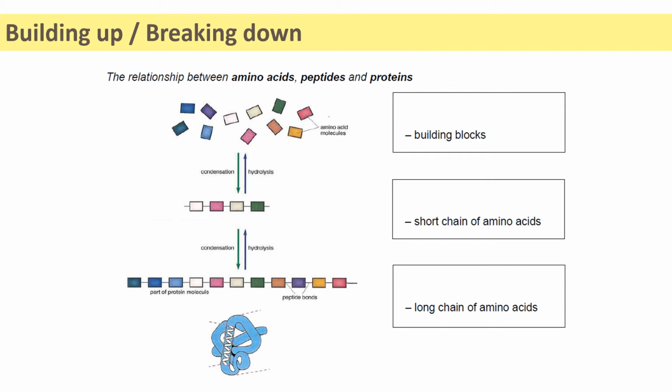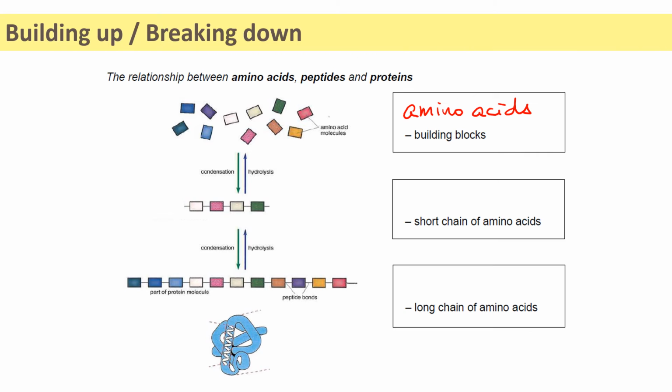So let's match with the diagram in the notes how proteins can be broken down or built up. Okay? The building block here, I use rectangle in the notes instead of circles. So these are amino acids. They are the smallest form. They can be joined together by condensation into long chains, at least hundreds, I would say.